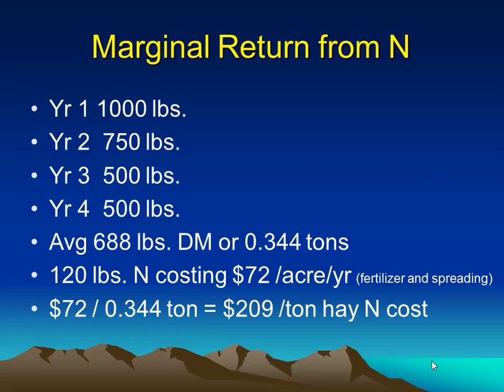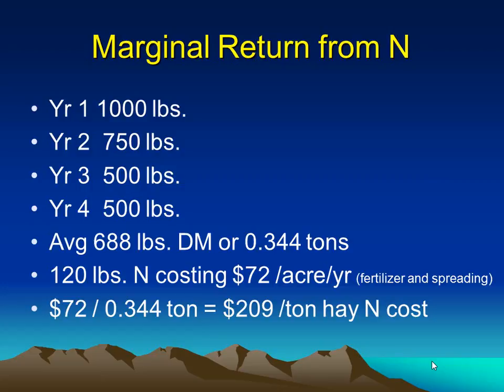If applying the cost of the nitrogen, the cost of application were $72 per acre per year, and that's about what it's going to cost for those two activities, buying it and spreading it. That's $209 per ton of additional hay. Is that cost effective? You wouldn't go out and buy hay other than maybe you buy it for your horse, right?